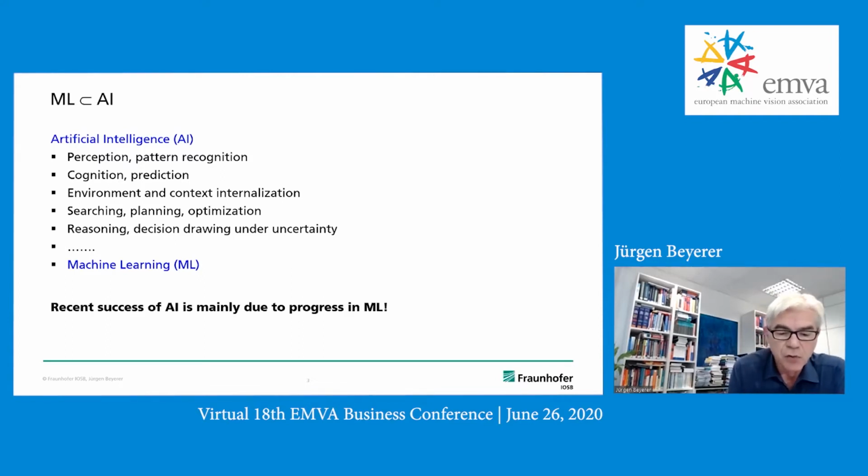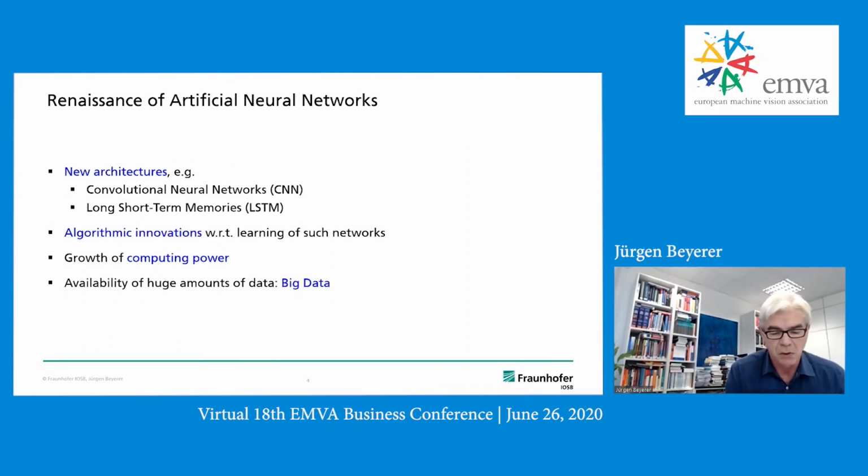And the recent success of AI is mainly due to the progress in machine learning. Why is it so? Why this renaissance of artificial neural networks? One thing is new architectures, for example, convolutional neural networks or long short-term memories, algorithmic innovations with respect to learning in such networks.